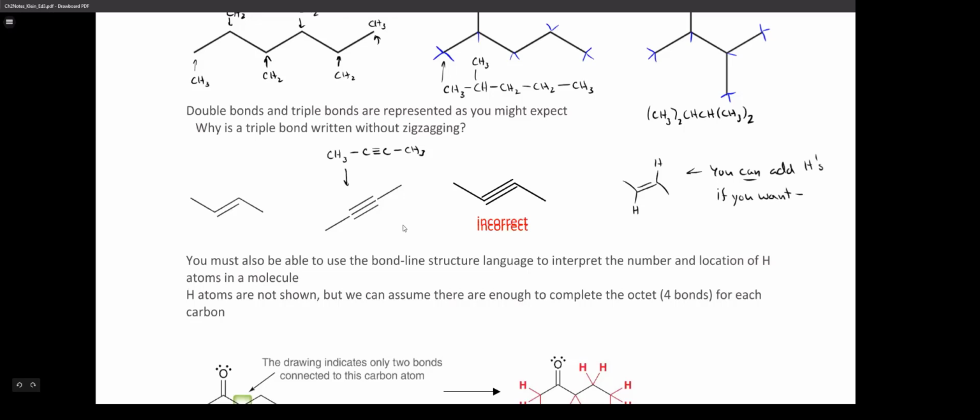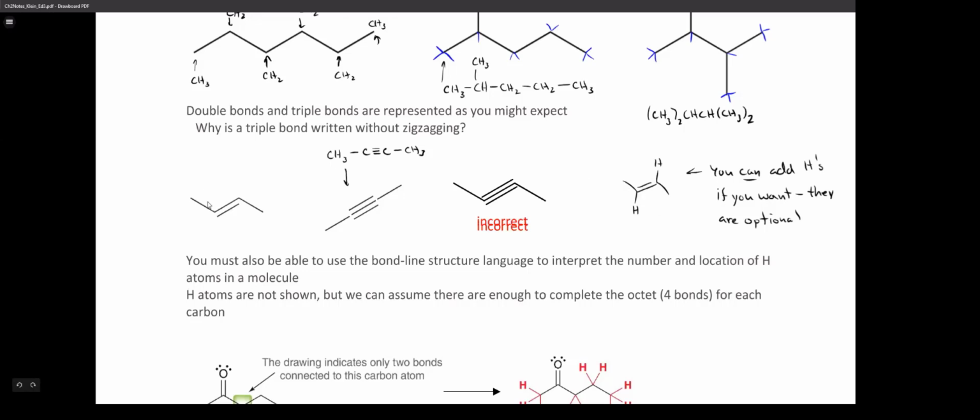The key is they are just optional, and usually left out. The only time you would draw them in is if you want to call attention to them or make sure you don't forget about them, okay?